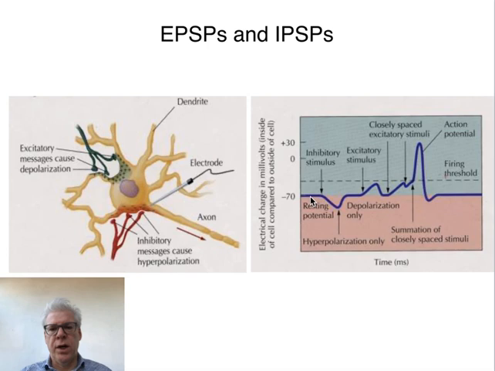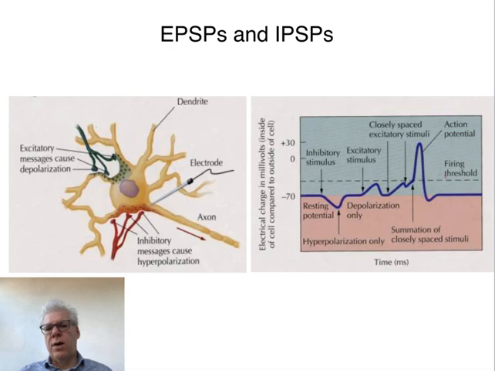And what is also shown here, that in this particular neuron, if there's an inhibitory input, the resting membrane potential may drop a little bit. And when there's excitatory input, it may increase, and depending on the strength of the net excitatory input, the membrane potential may reach the threshold of the voltage-gated sodium channel, and then an action potential is generated.